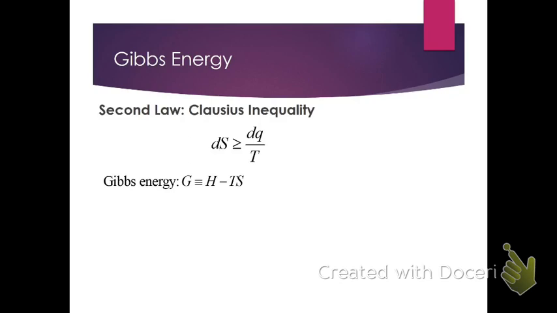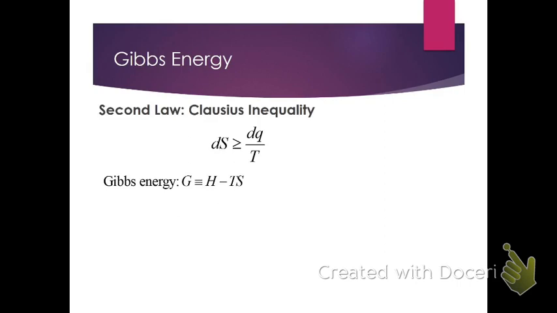So based on this, and without going through the derivation, we have defined a new function of state called the Gibbs energy, which is represented by G, as being equal to H, enthalpy, minus the product of temperature in kelvins and the entropy.